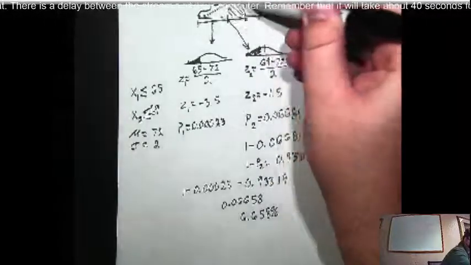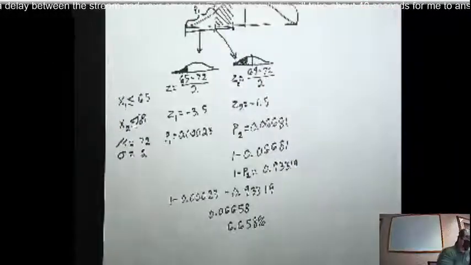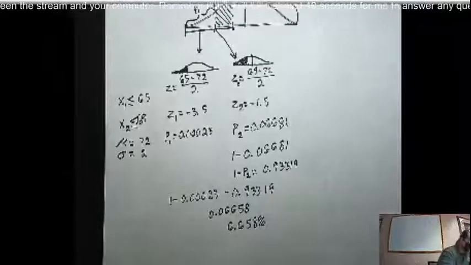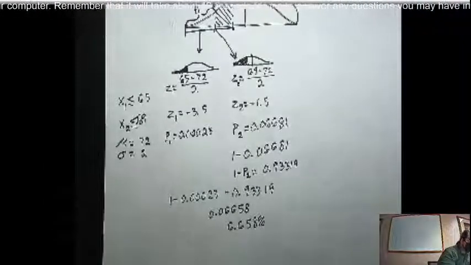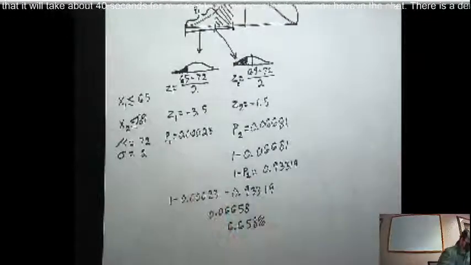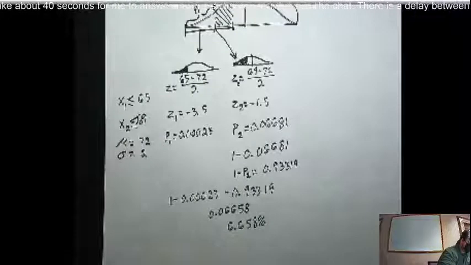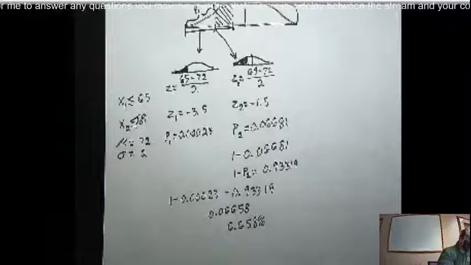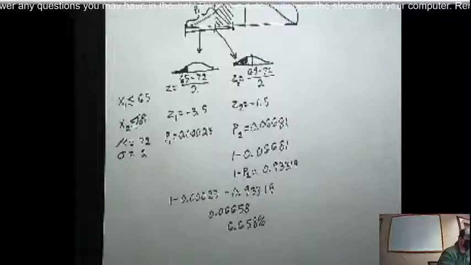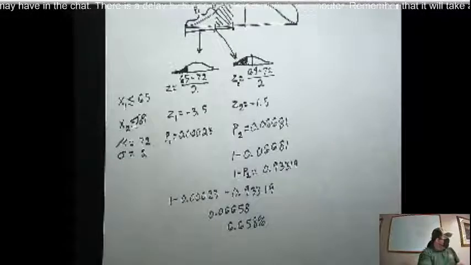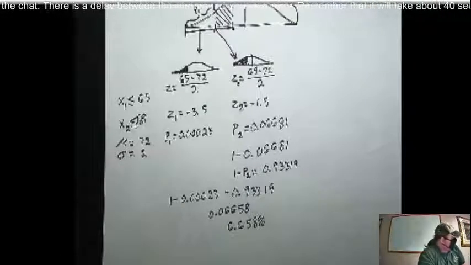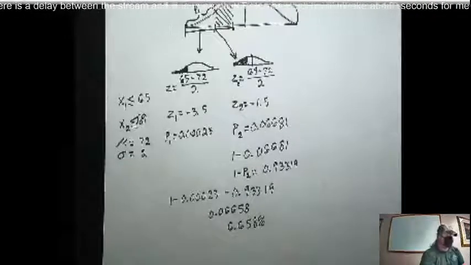So if we subtract this from this, maybe we'll get this. 0.06681 minus 0.00023. Hey, it works. Good job. So it gives us the exact same thing. You know what? I think I'm going to start using that one because that seems easier.